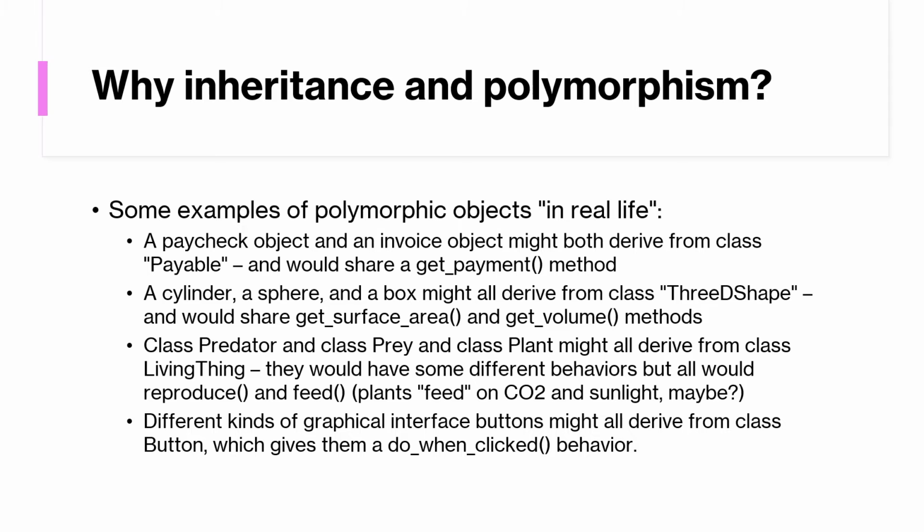So we could have a list of employees with paychecks, contractors with paychecks, invoices from our suppliers, and we don't have to have three different lists. We can have one list of all of those things, and for all of them we just click through and say payable.get payment, and it knows how to look that up because the object knows whether it's a paycheck or an invoice.